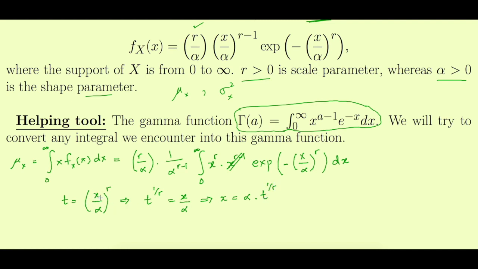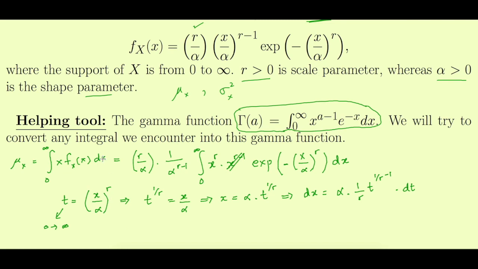If the limits of x are from 0 to infinity, the limits of t are also from 0 to infinity. Why? Because if I put x equal to 0, this becomes 0, and when I put x equal to infinity, this becomes infinity. So that's why we have the same limits for t and x. Now what is dx? So dx is equal to alpha times 1 over r times t to the 1 over r minus 1 dt. Correct? It's basic differentiation here.